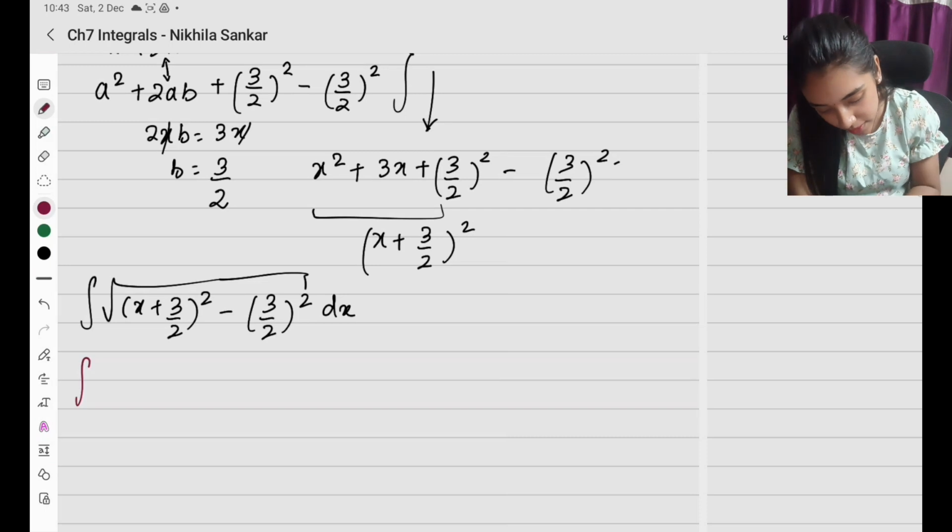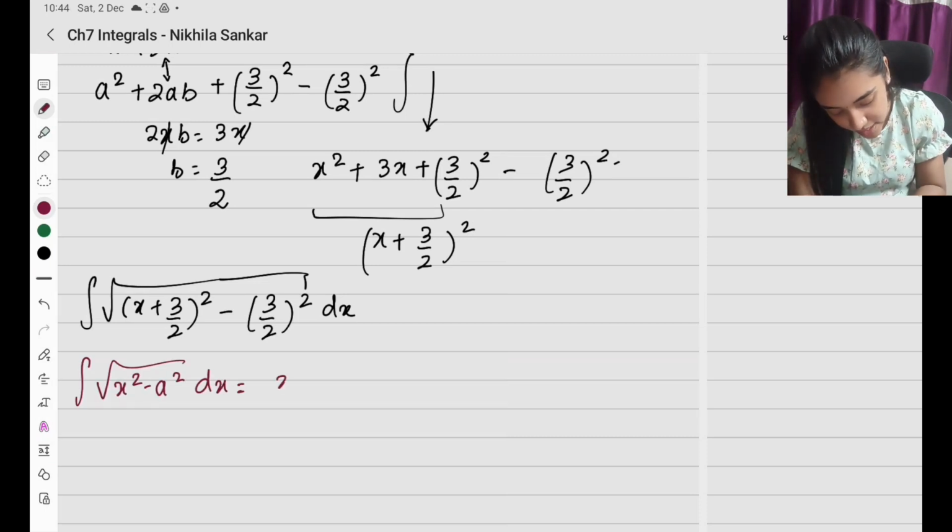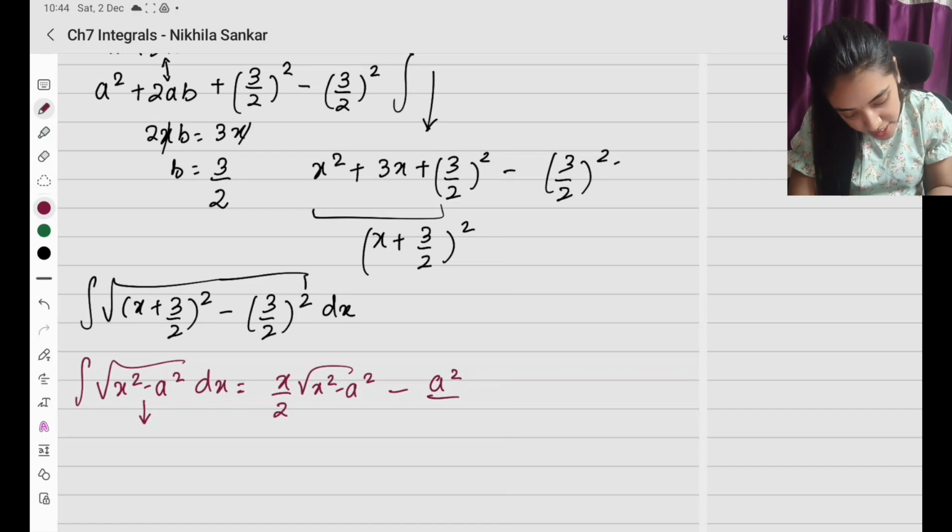So what is the formula? Integral square root of x square minus a square dx is first x by 2 square root of x square minus a square minus, this is the only place you have a minus, a square by 2 log mod x plus square root of x square minus a square plus c.